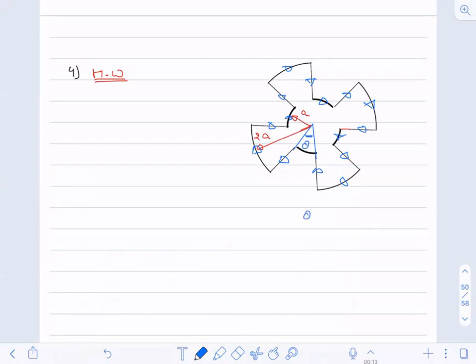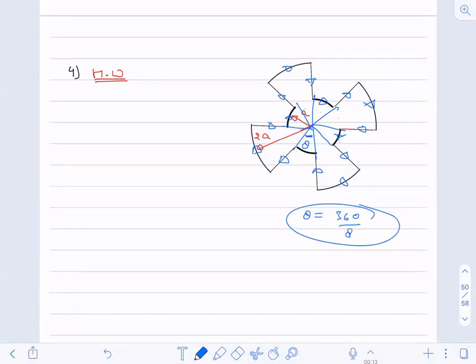This theta is, suppose, 1, 2, 3, 4, 5, 6, 7, 8. Sorry, it is not 7, it's 8. So it is 360 by 8, because it has 8 equal parts. This is the angle.